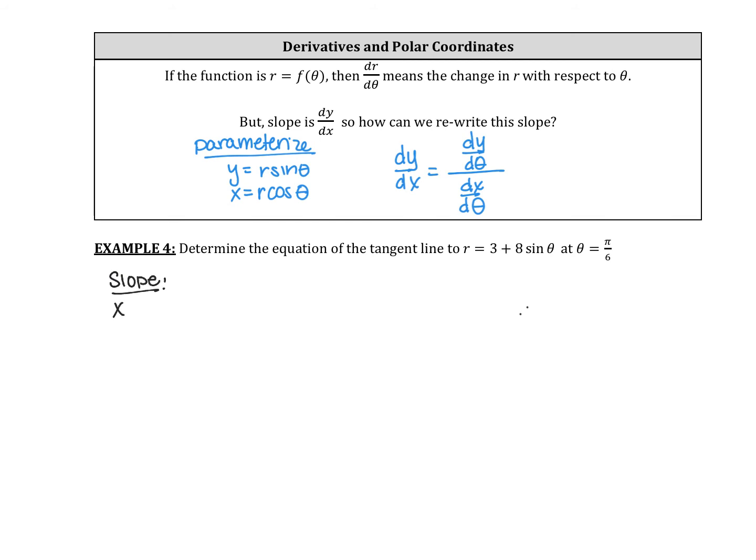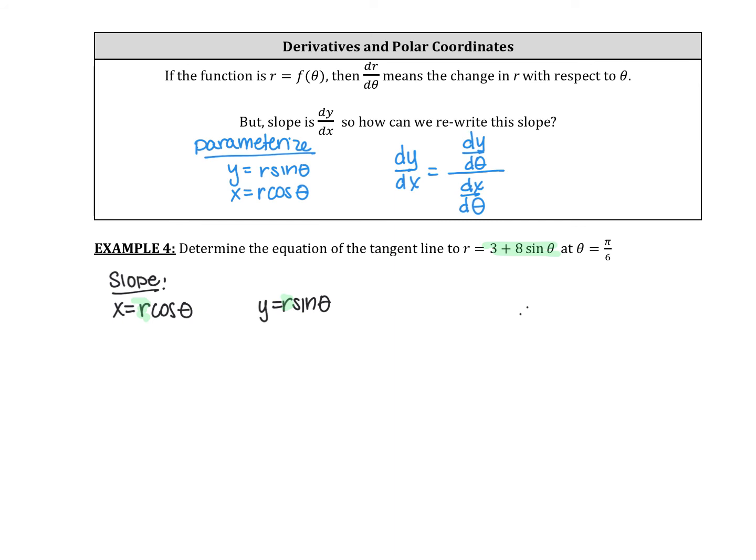So we're going to start with the equation x equals r cos theta and the equation y equals r sine theta. And what we're going to do is substitute in place of the r in my equation what I know r to be.